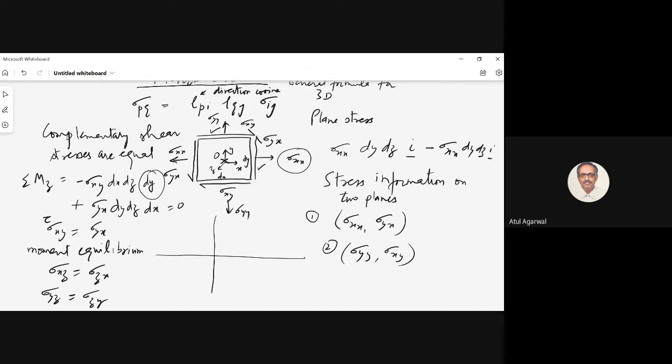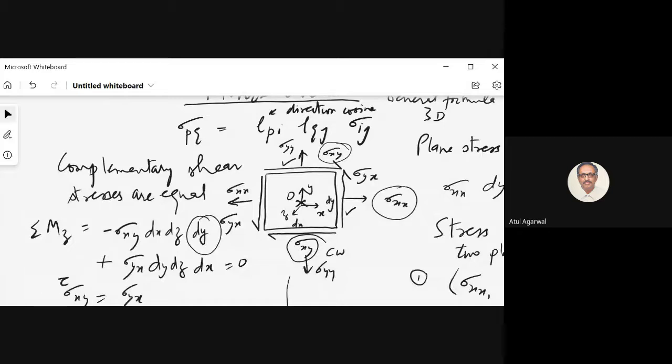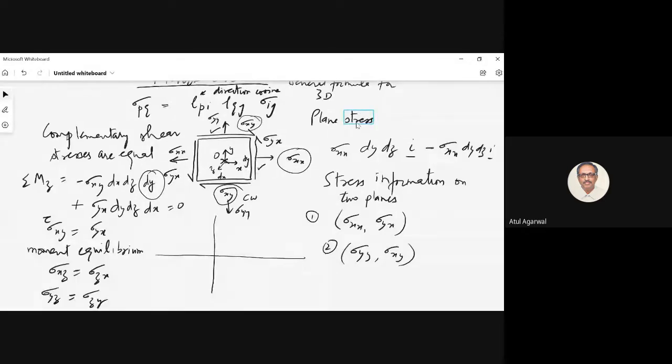Now you see these two stresses are causing a clockwise twist to the element, and these two are causing a counterclockwise twist.